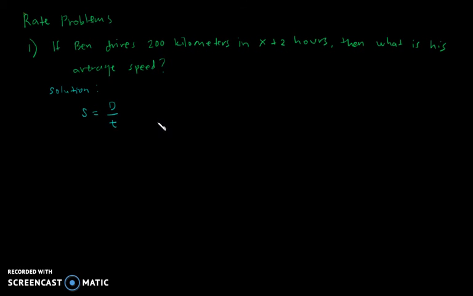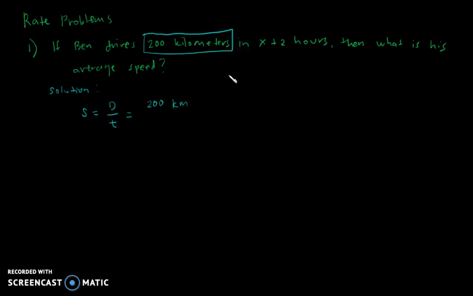So simply substitute the given. In the problem, what is the distance? We have this keyword kilometer, so therefore this is our distance. So we have 200 kilometers.